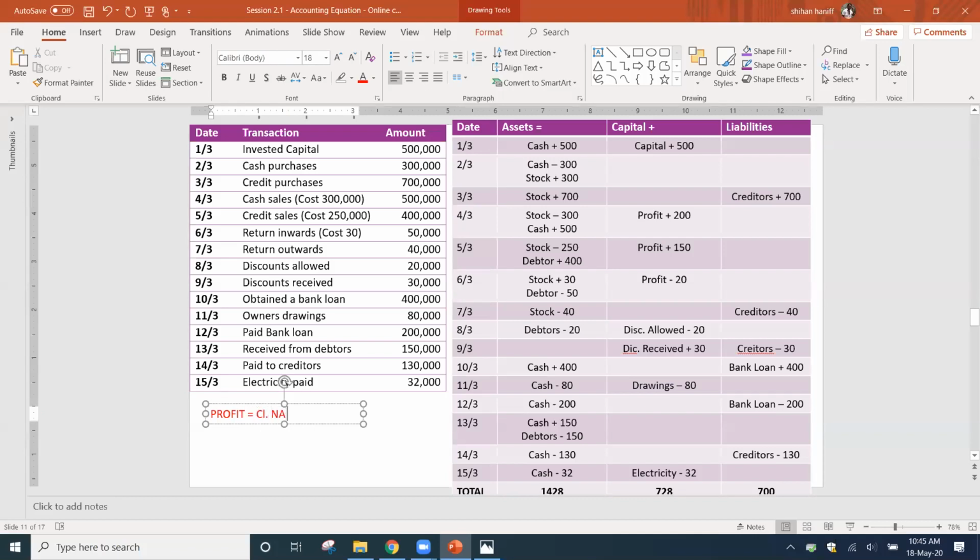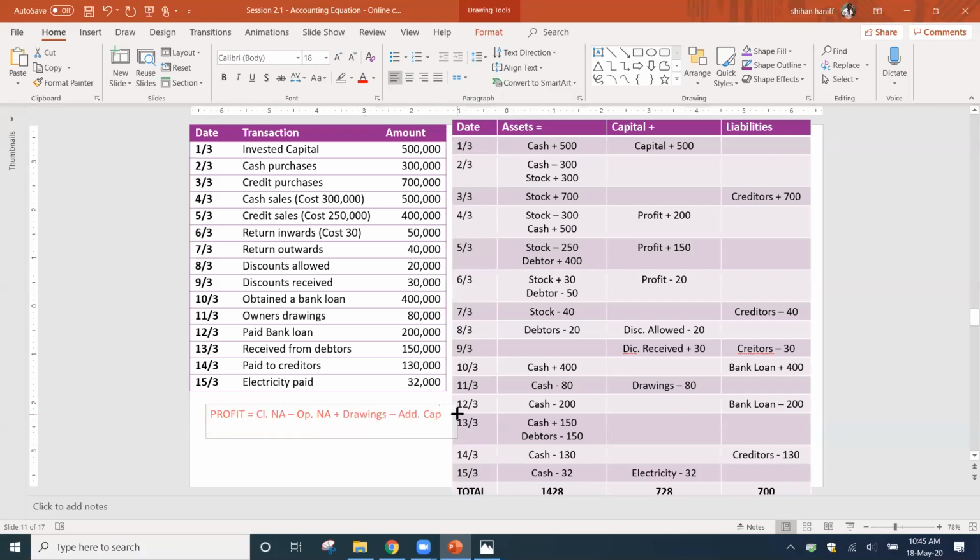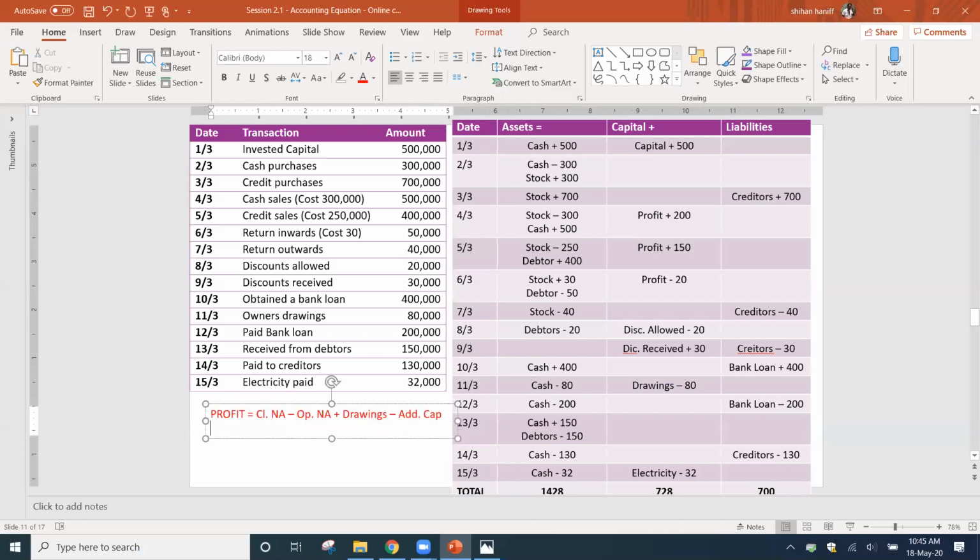Closing net asset minus opening net asset plus drawings minus additional capital. Closing net asset is 728.